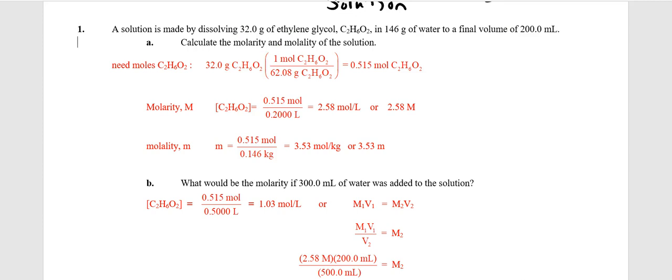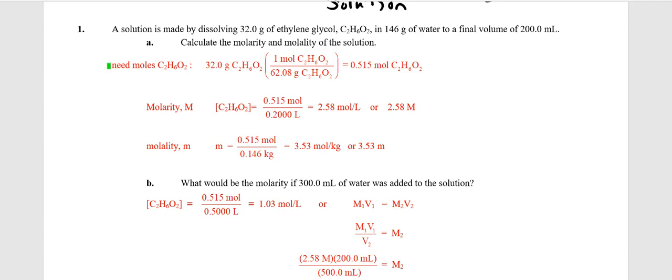If you're looking at molality, then you're still dealing with your solute, and instead of the final volume, the water. For both of these, you're given a mass of something because that's what you would measure out in the lab, but you need to convert mass to moles.